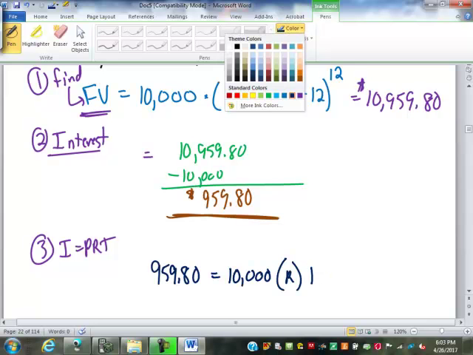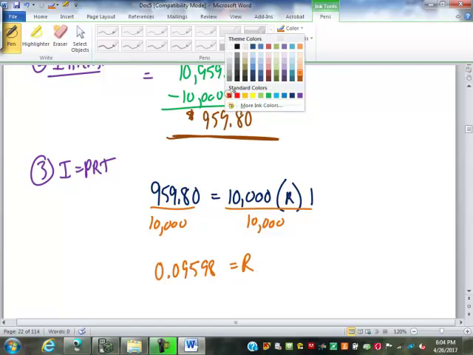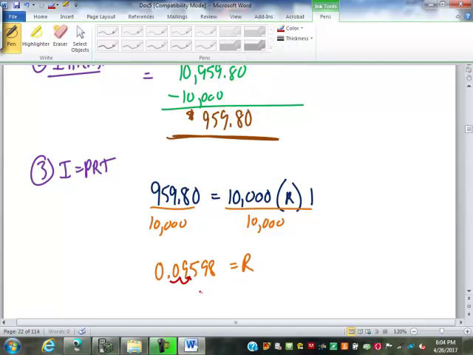So this one is convenient that way. 10,000 times 1 is 10,000, so I'm just going to divide by 10,000. That gives me 0.09598, which is R. Move that decimal point: 9.598%. Now we have to round it to the hundredth of a percent. That's 9.60.